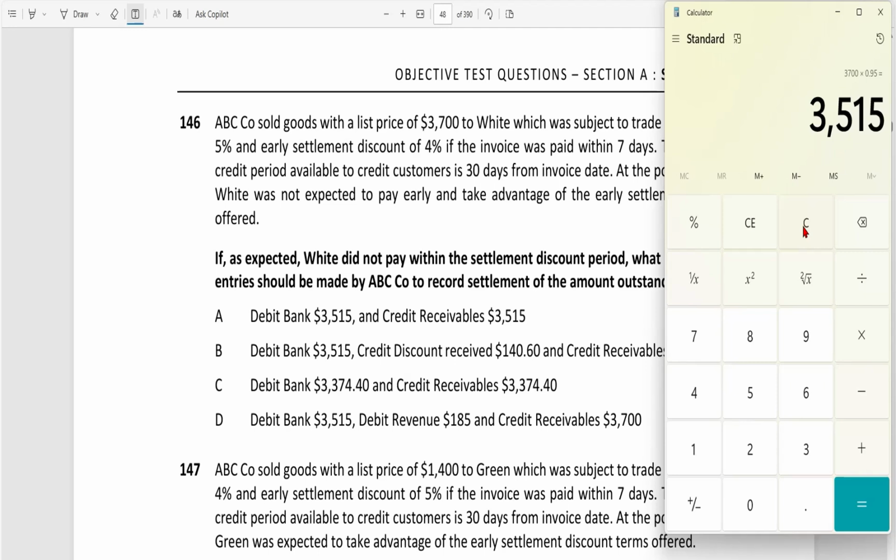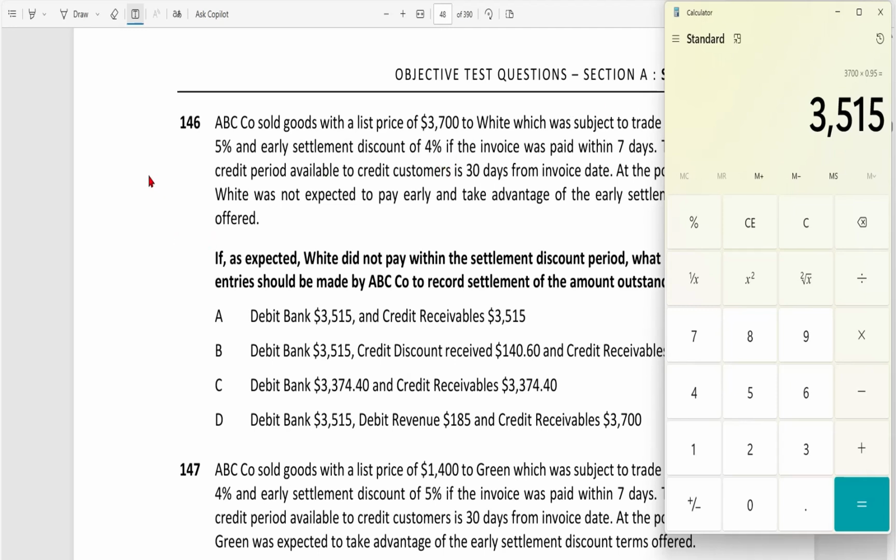Now the next thing you need to consider is whether the customer is expected to take those discounts or not. In our case, the customer is not expected to pay the amount within 7 days. In that case, the residual balance will be 3515. But if the customer is expected at the time of sale to pay within 7 days, in that case the residual balance will be reduced by a further 4%.